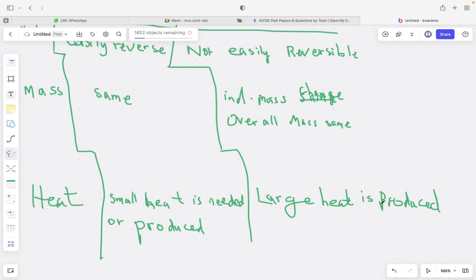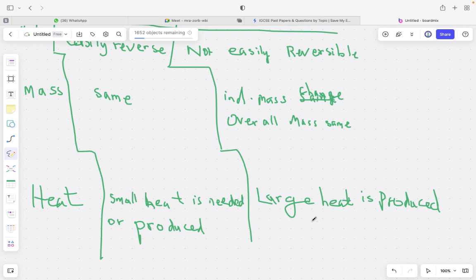Chemical change is taking place, hence a large amount of heat is produced. Also, when there are neutralization reactions and other reactions, a large amount of heat is needed.